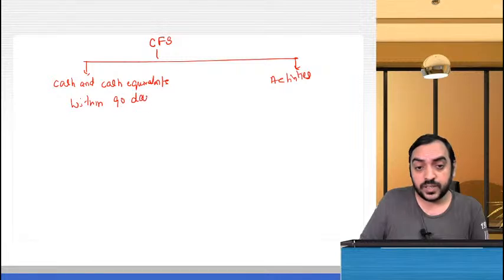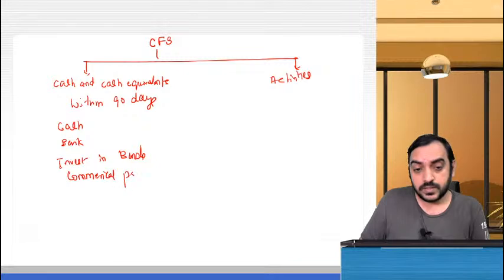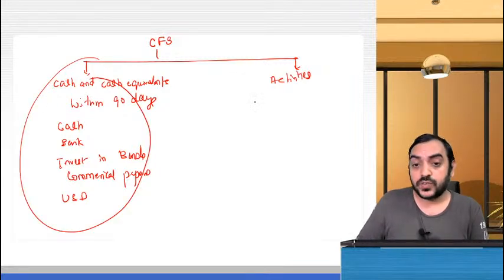So obviously cash balance will come, bank balance will come, even investment in bonds, commercial papers, even foreign currency, USD and all will be part of cash and cash equivalents.